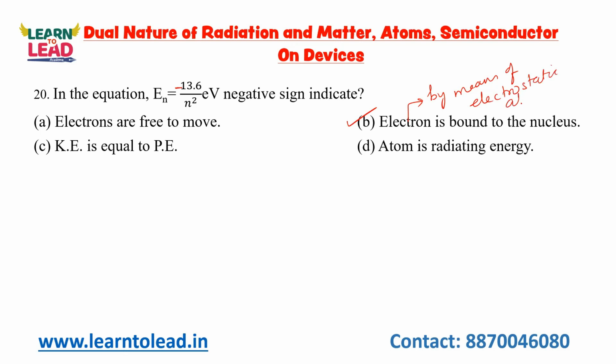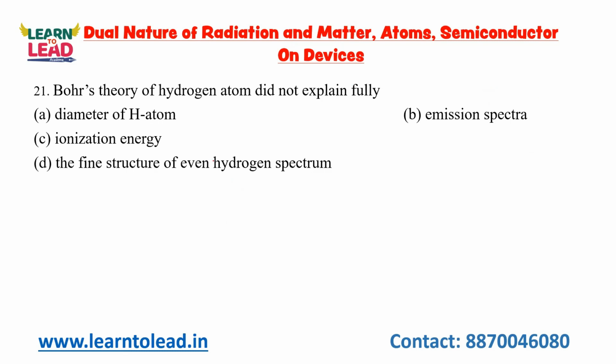The electron is bound to the nucleus by means of electrostatic attraction. Do you understand this? Bohr's theory of hydrogen atom did not explain fully the fine structure of even the hydrogen spectrum. It does not explain the fine structure of the hydrogen spectrum.